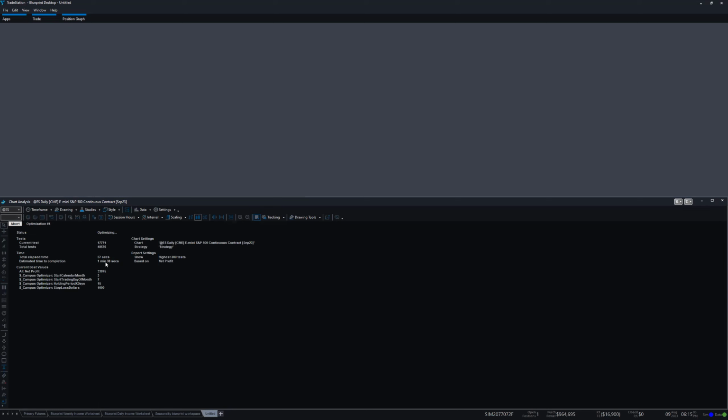So my estimated time to completion is going to be quicker. If it takes 1 hour, you could let an optimization run in the morning or in the evening, and then get the results the next morning. But usually, if you have a quick internet connection, you should be fine. It shouldn't take 1 hour.